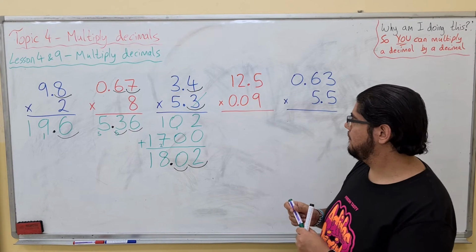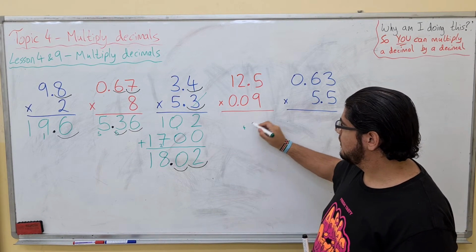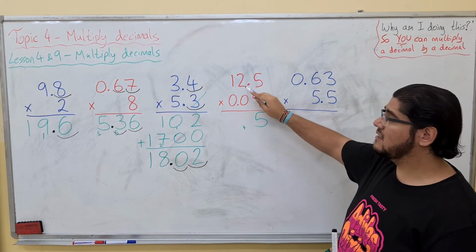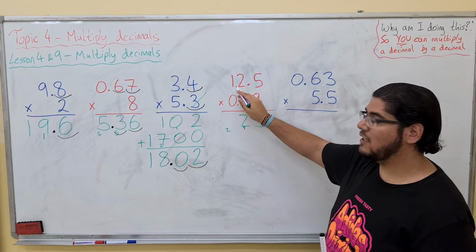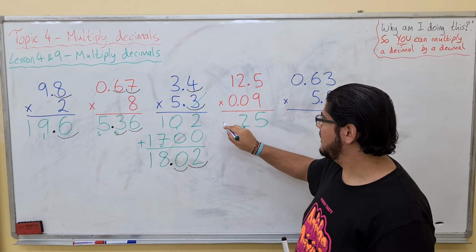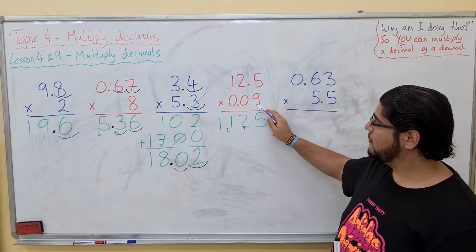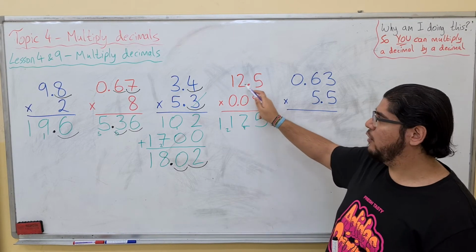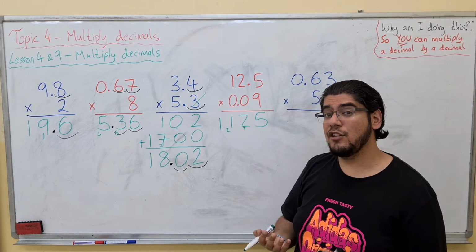Right, next example. 9 times 5 is 45. Carry the 4, write the 5. 9 times 2 is 18, plus the 4, 22. 9 times 1 is 9, plus the 2, 11. Okay? Now we'll finish with the 9, but then 0 multiplied by all of this is 0. So we don't need to do that part.